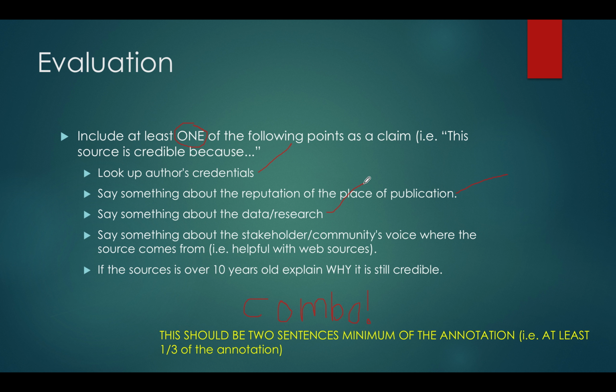So you want to explain that this source is credible because the data and the way it's collected, and the care the scientists went to in collecting it, is really sound. You probably also want to include information about their credentials. So although I want you to use at minimum one of these following things, using more than one of them is not a bad thing.